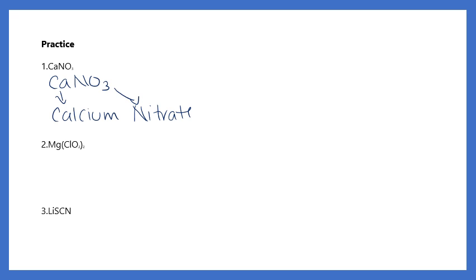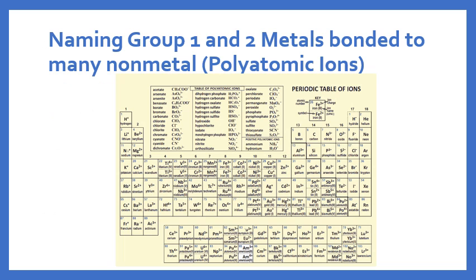Calcium nitrate. Okay. All right, I want you to try the next two. Make sure you reference your polyatomic chart. When you're done those two, we're going to move on to the next slide.